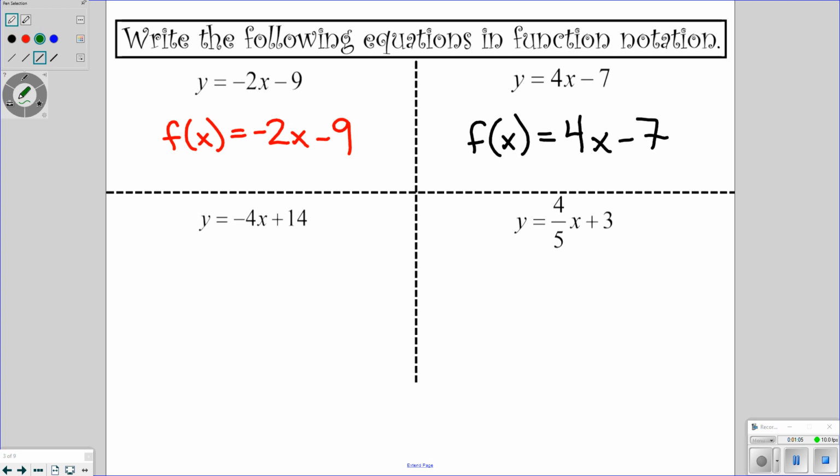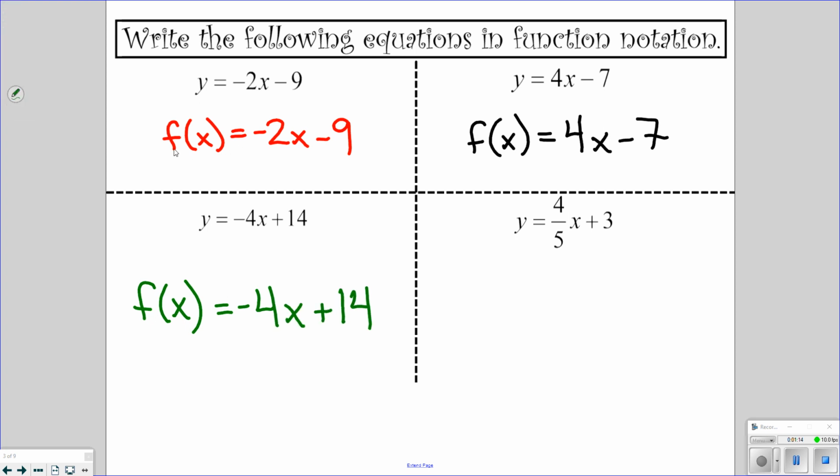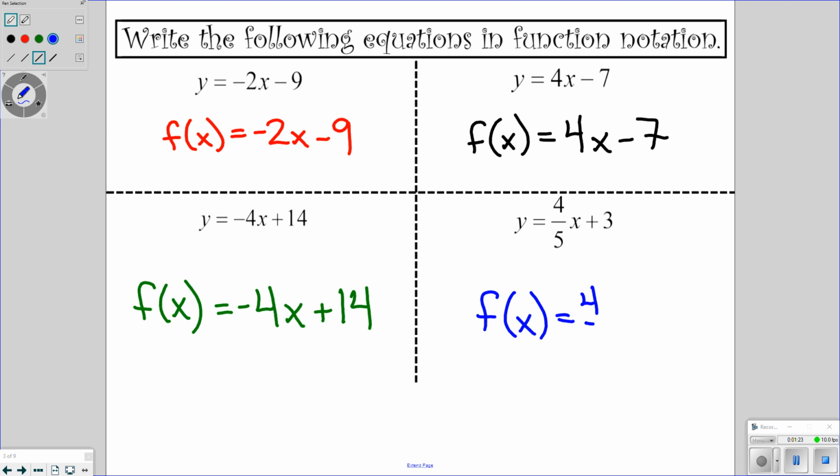We say f of x equals negative 4x plus 14. And we say f of x equals 4/5 x plus 3. So as you can see, all we did was replace each y with an f of x.